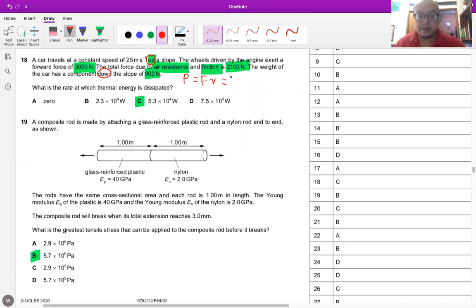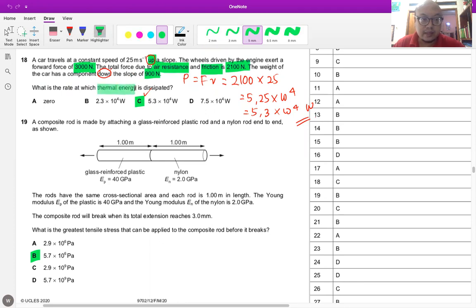If we calculate 2,100 times 25, this is about 52,500. Okay, maybe this is about the frictional force, because they asked about thermal energy dissipated. Okay, the answer C from this one: the air resistance and frictional force from the wheel.